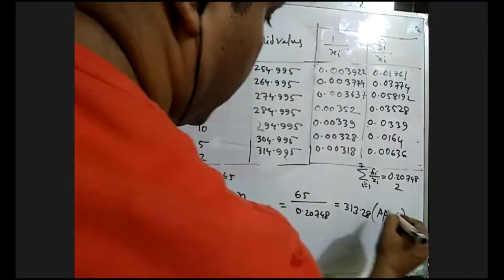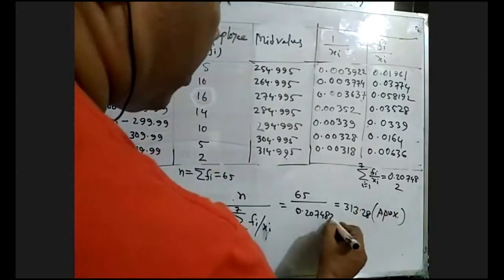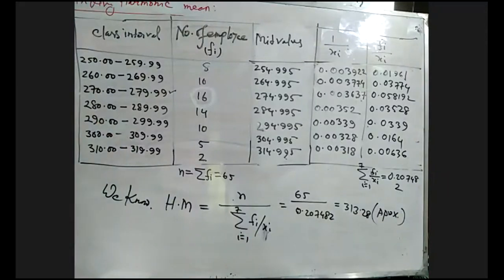This is the approximate result, 313.28. This is the required harmonic mean for the given class interval.